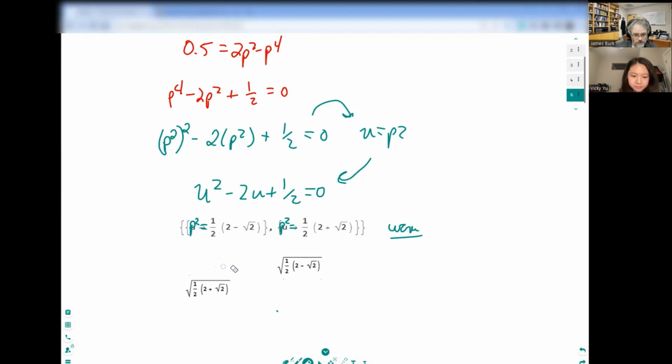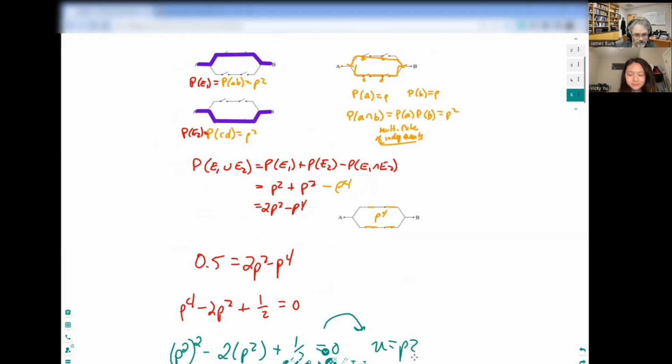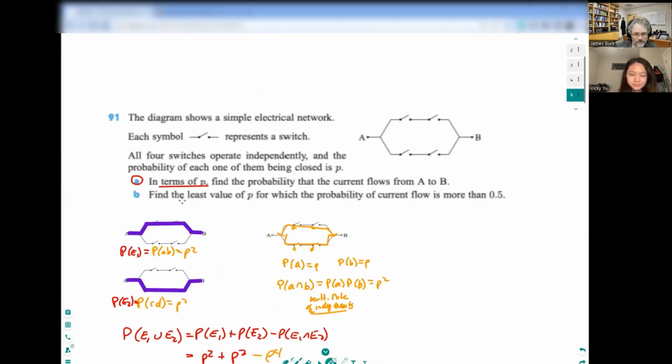The question is, which one do I take? Because what did the problem state? Let's go back to it. Find the least value for P. P's probability.